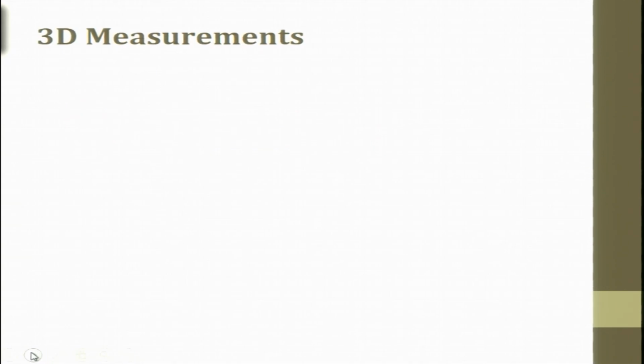3D measurements. What are 3D measurements? 3D measurement is a process of creating measurement or virtual 3D representation of a physical object. Now, 3D scanners are optical devices used to create 3D measurements or 3D scans.